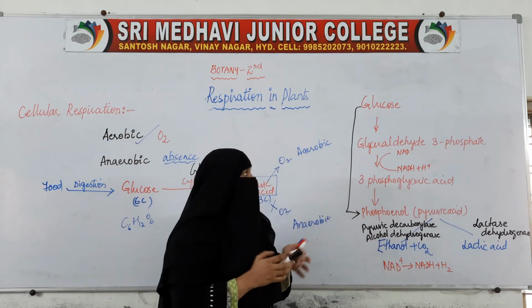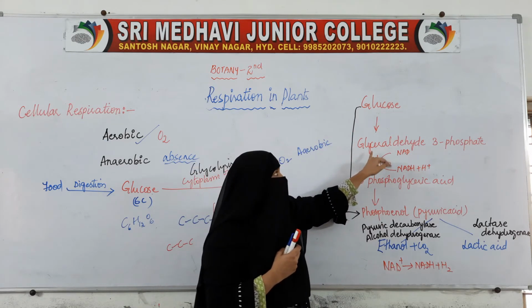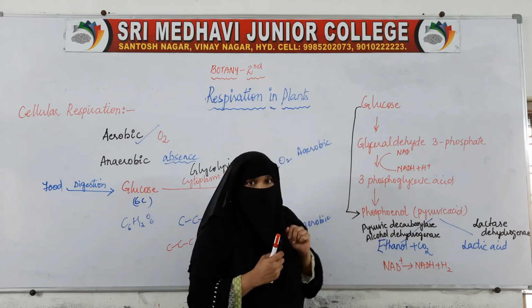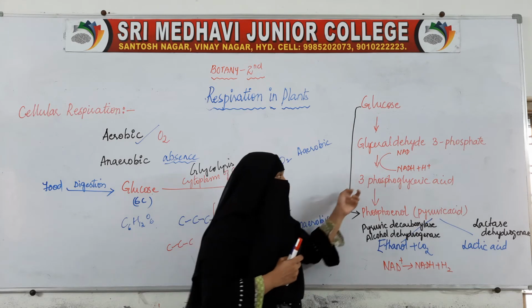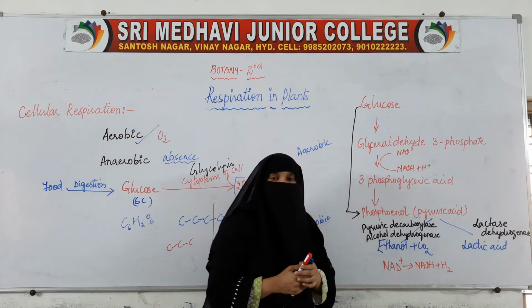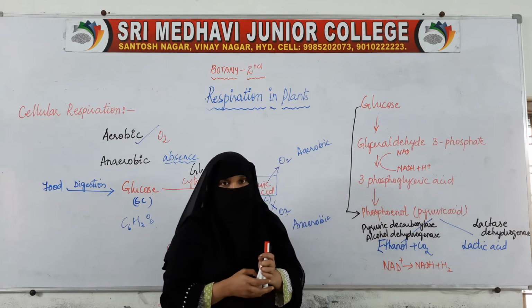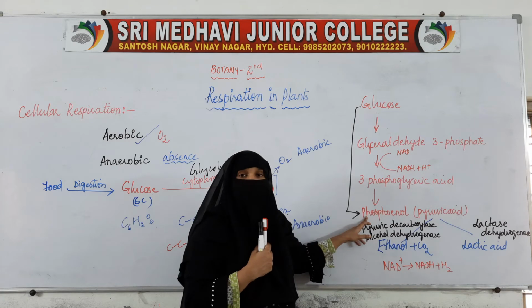I have written just 2 here: glucose will first change into another compound, glyceraldehyde 3-phosphate. This glyceraldehyde 3-phosphate will again change into phosphoglyceric acid. This phosphoglyceric acid will again change into phosphoenol pyruvate or phosphoenol pyruvic acid.